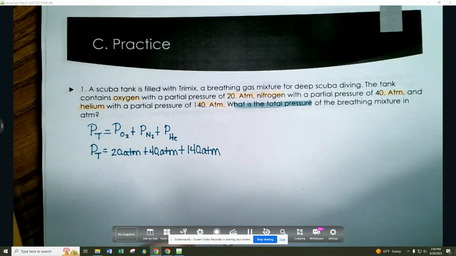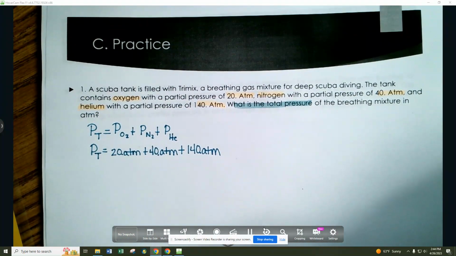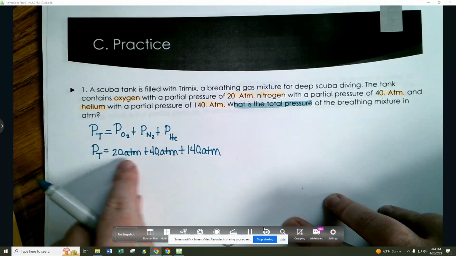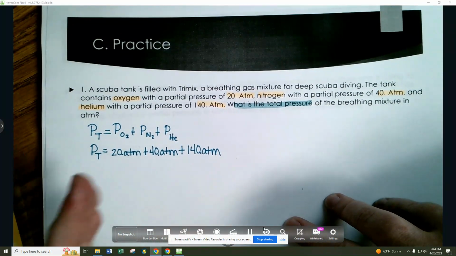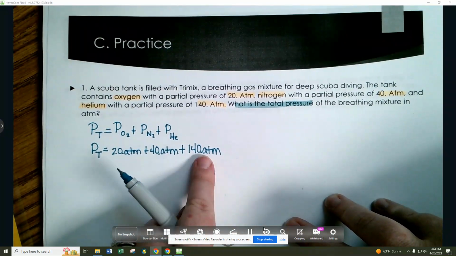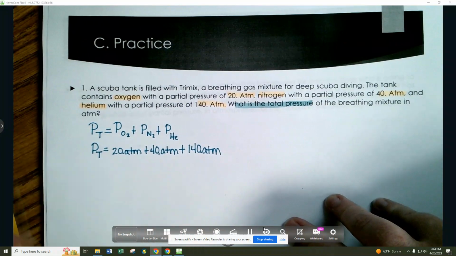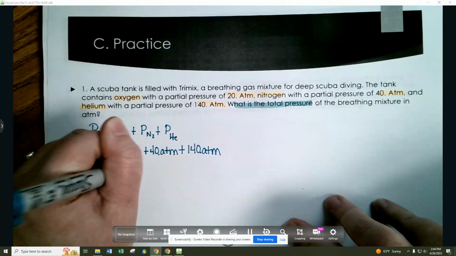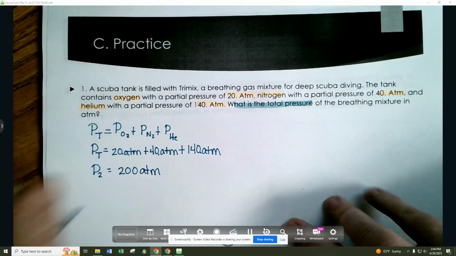The rule with addition is that it's based on the decimal place, and in this case we have no decimal place, so it doesn't impact our answer. Everything to the left can stay. It isn't that this has 1 sig fig, 1 sig fig, and 2, because we're adding, there are just no decimal places allowed. So 140 plus 40 gives us 180, plus another 20. The total pressure here would be 200 atmospheres.